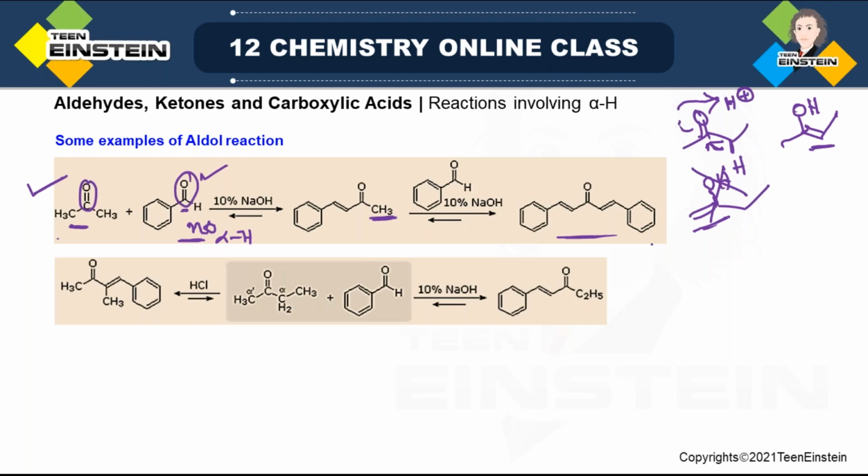Okay, so in acidic condition, first this type of enol will form, and once it is formed, this PhCHO molecule, that is benzaldehyde, this OH bond is broken, and now there is attack from this position. So basically the new CC bond that is formed is like this.